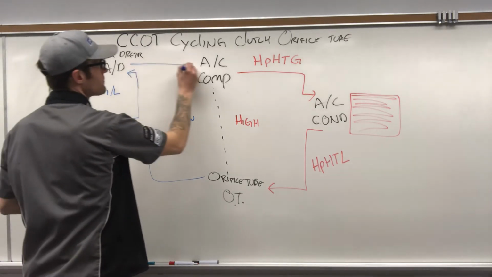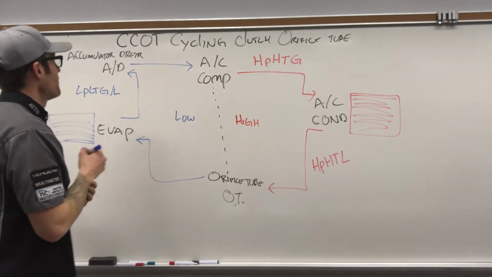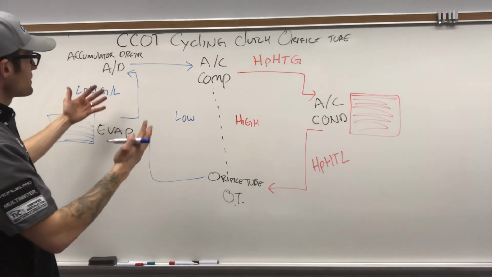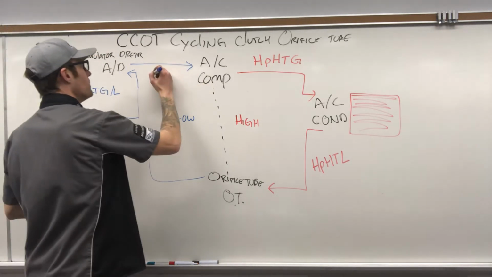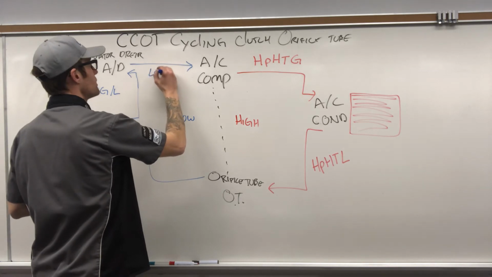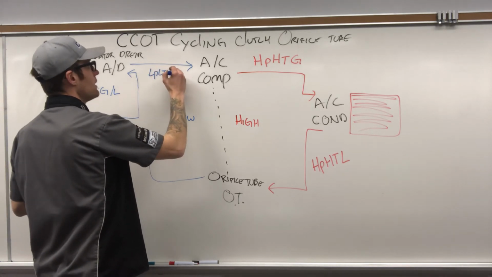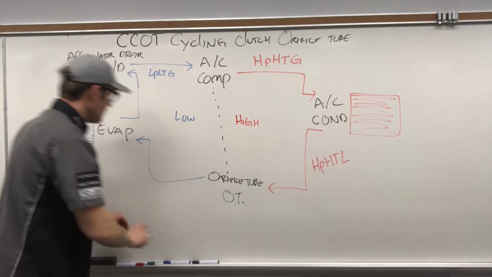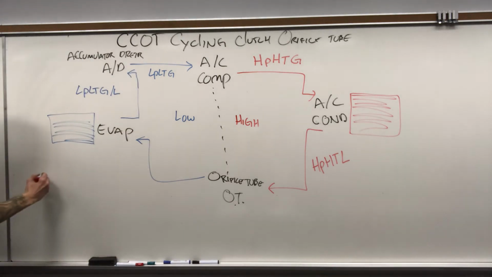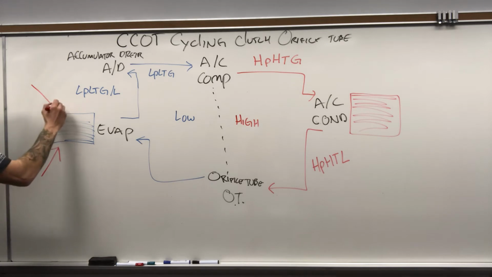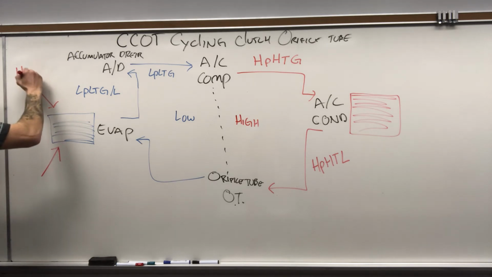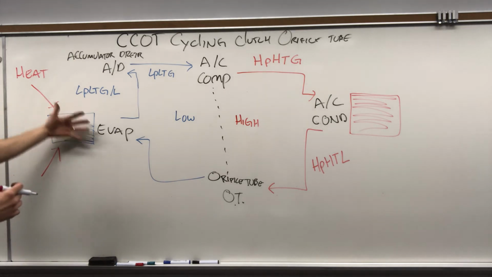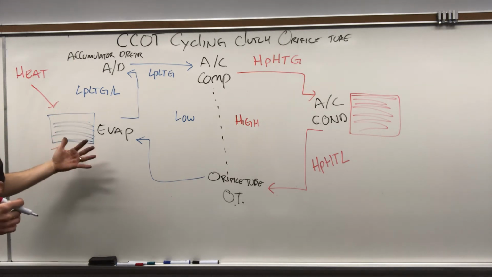From there, our last stop is going to be from our AD to our comp. This would be considered our suction line, but it is always going to be low pressure, low temperature gas. So really the fundamentals here is that heat is being absorbed into the evaporator. So imagine that this is just heat, because the whole concept behind this is that cold attracts heat.